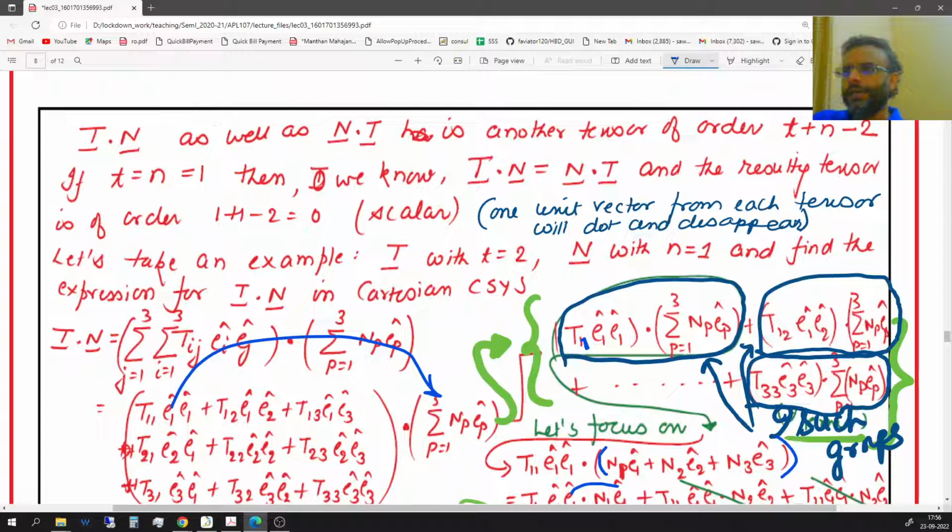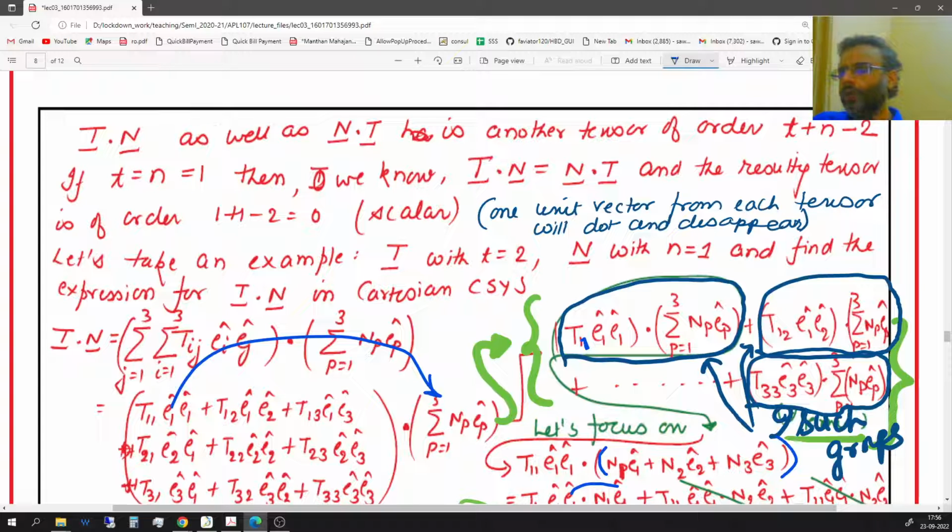T dot n can be expressed in our Cartesian coordinate system in this manner. First I write T as a double summation T_ij e_i e_j, summation going over i and j, and that is being dotted with the other tensor n, which since it is a first order tensor, I am writing simply as n_p e_p, summation going over p.